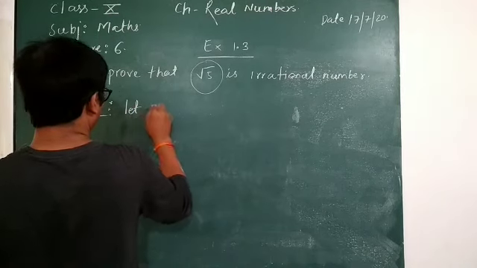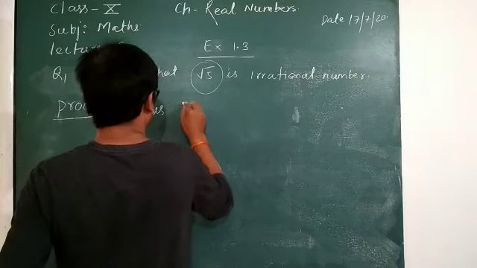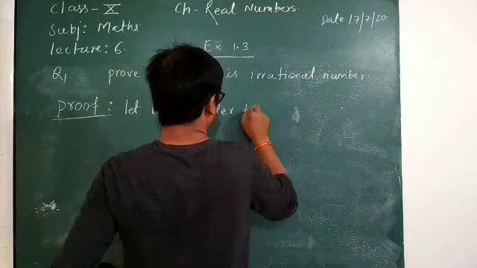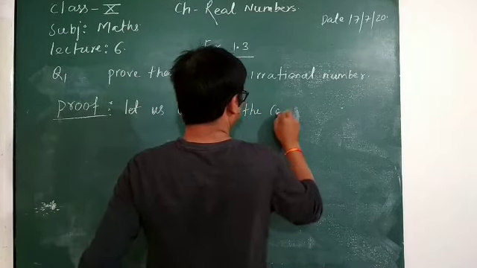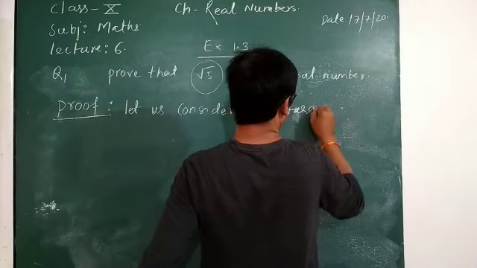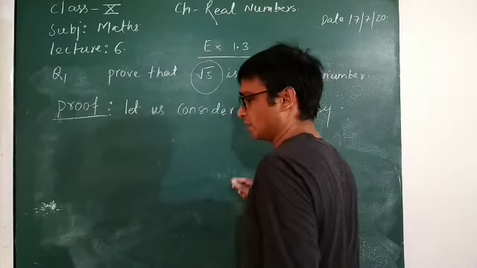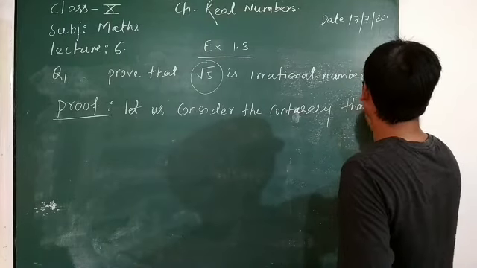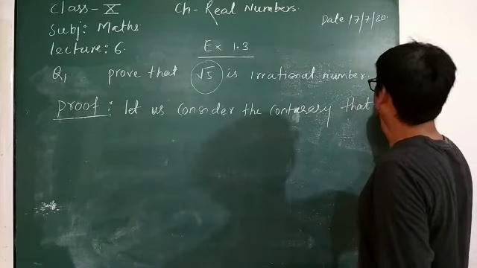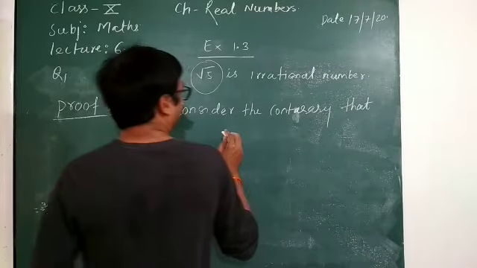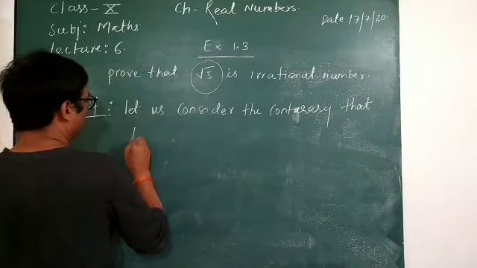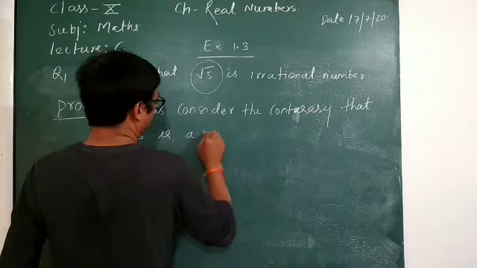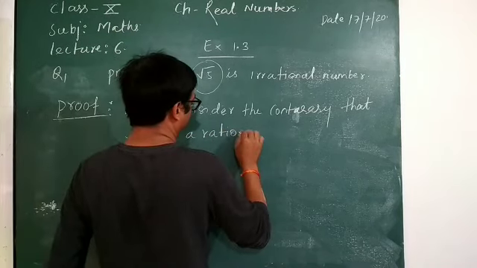Let us consider the contrary, or contradiction, that root 5 is a rational number.